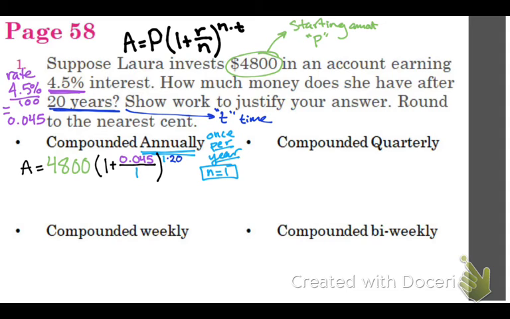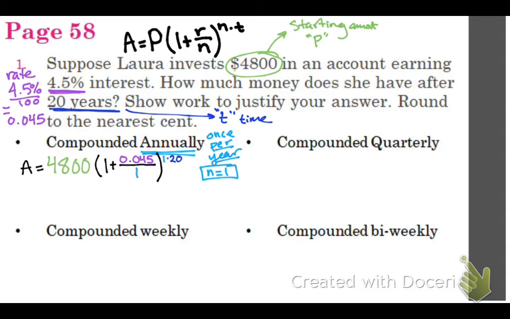We could technically simplify it and divide in the parentheses, but that's going to be a hassle and give us some weird numbers. So after you write this equation, you stop writing and just put the whole thing into your calculator.